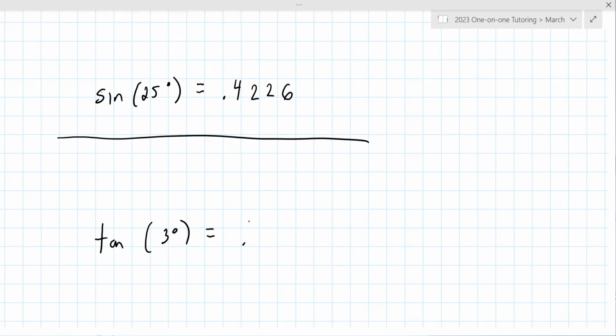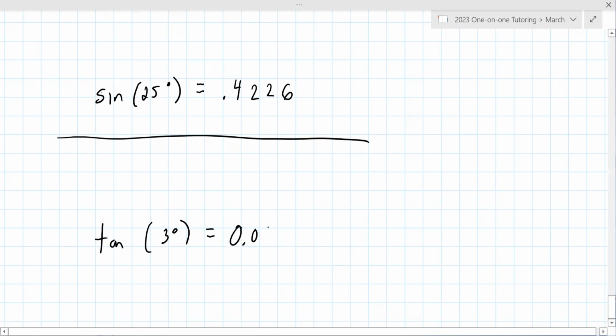Okay, I got it. 0.05240777. Okay, so 4 decimal places means to stop after you tell me 4 decimal places.